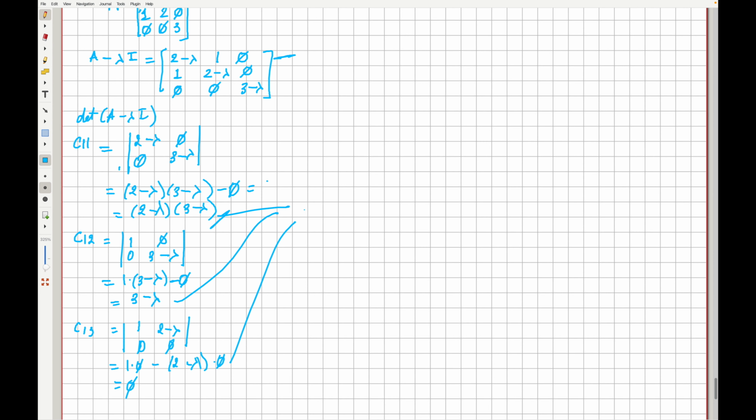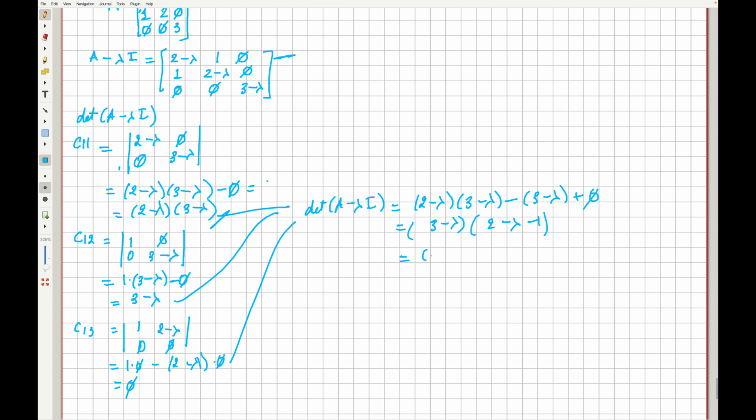So what we get is the following: determinant of A minus lambda I is equal to 2 minus lambda times 3 minus lambda, minus 3 minus lambda, plus 0, and if we factor out 3 minus lambda here, what is left inside is 2 minus lambda minus 1.